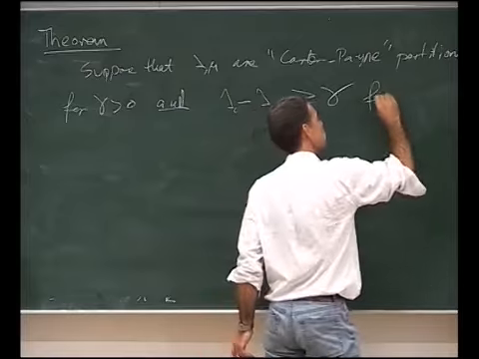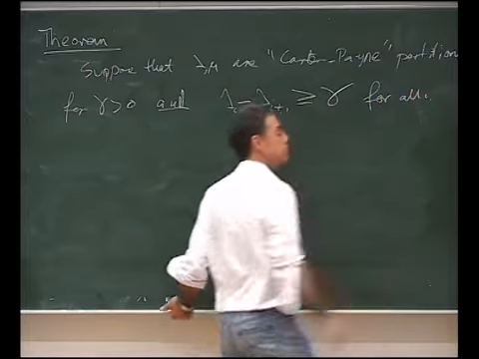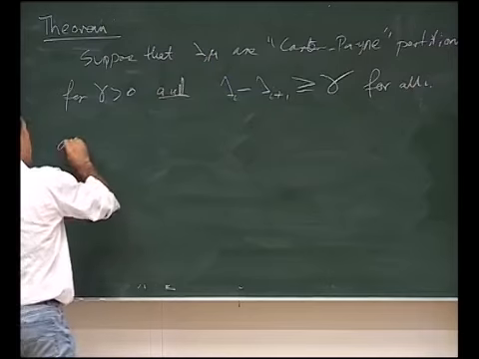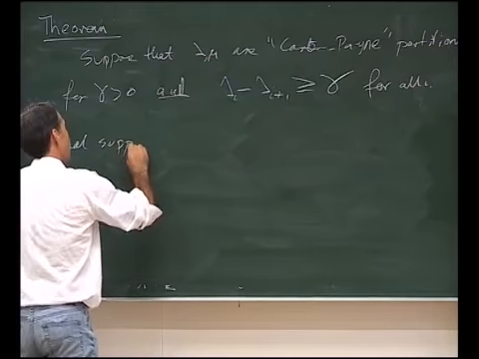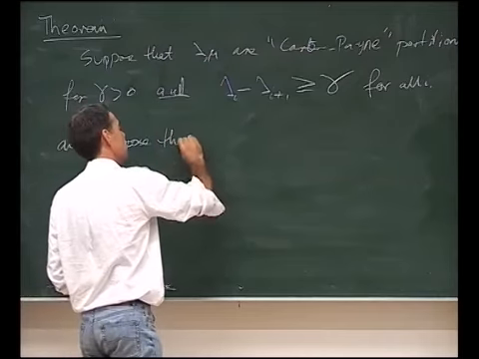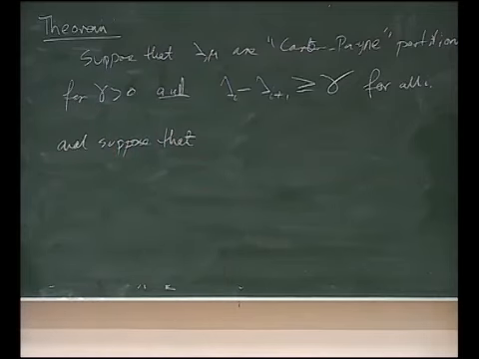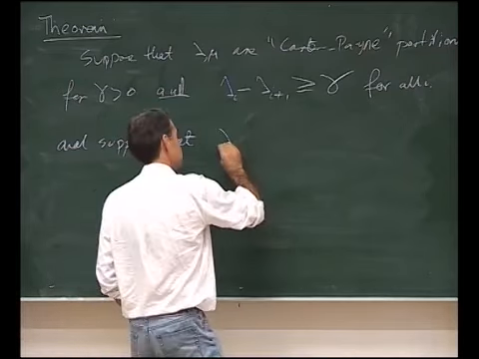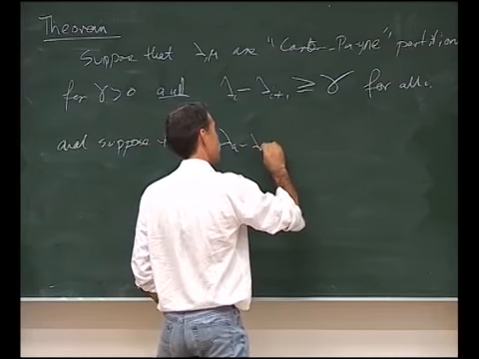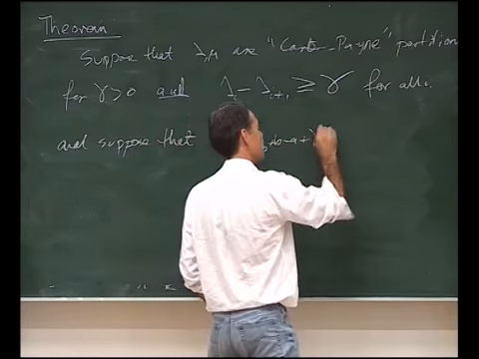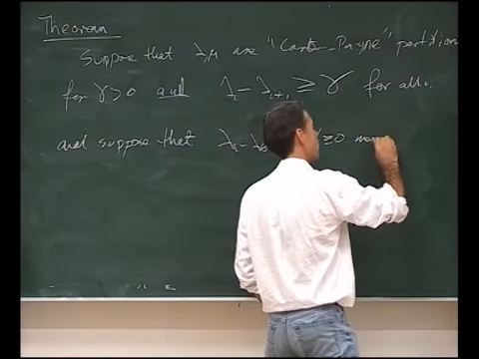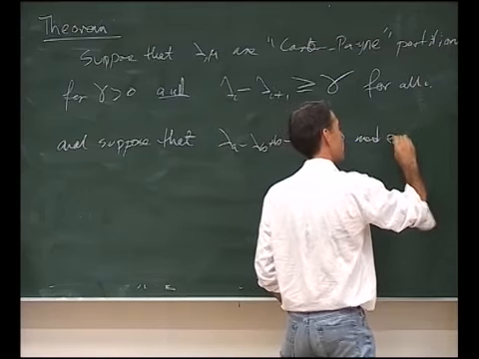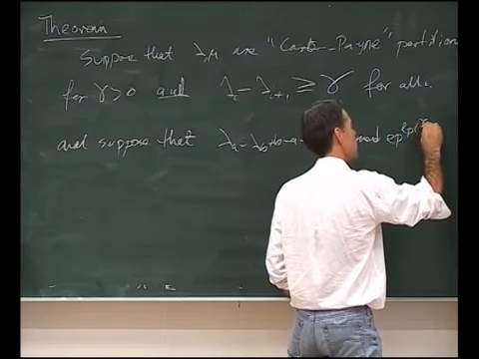And what's the assumption I need? I need that the gaps between the partitions are big. They have to be at least gamma for all i. And of course, we also need that the distance from the first node to the last node is nice.